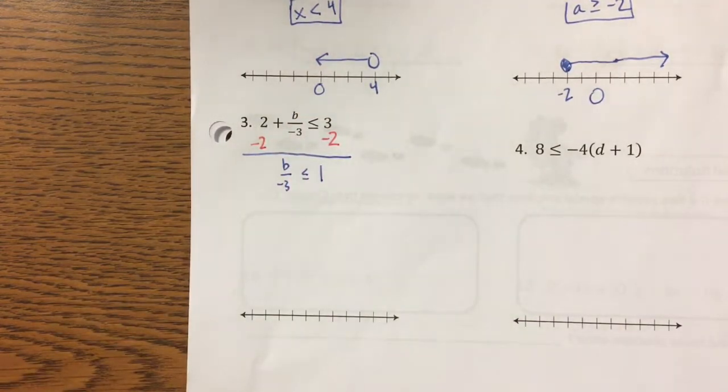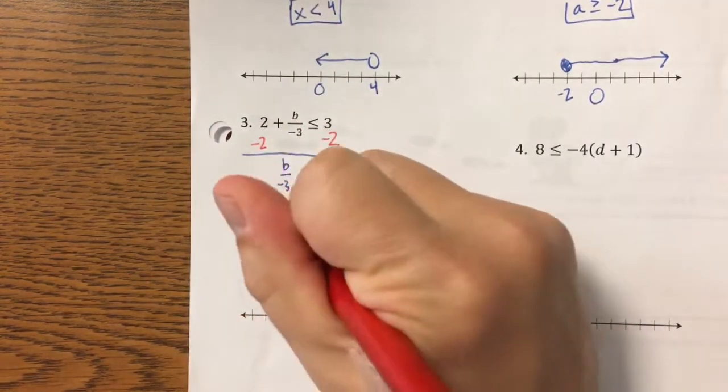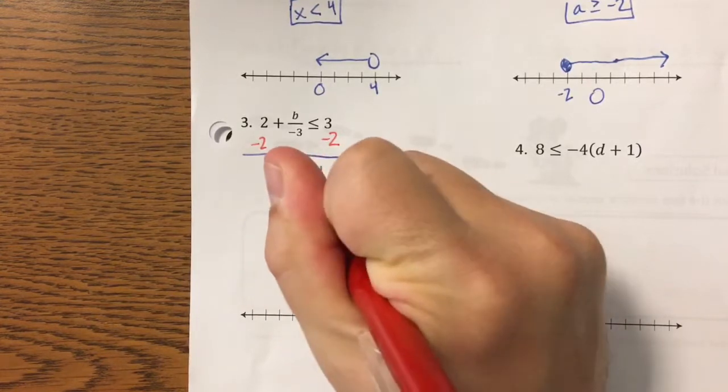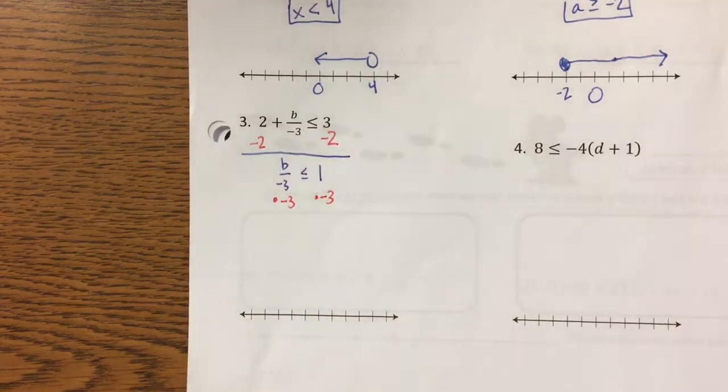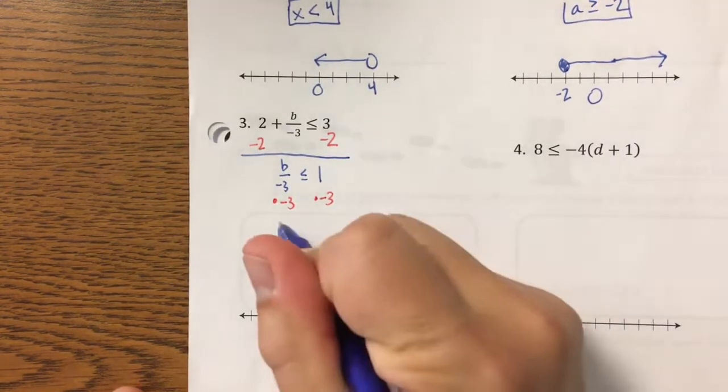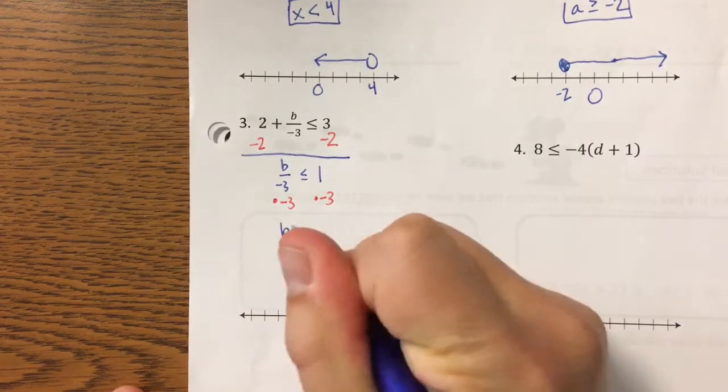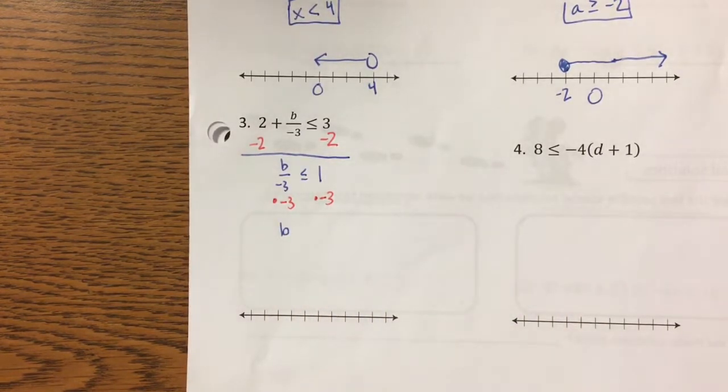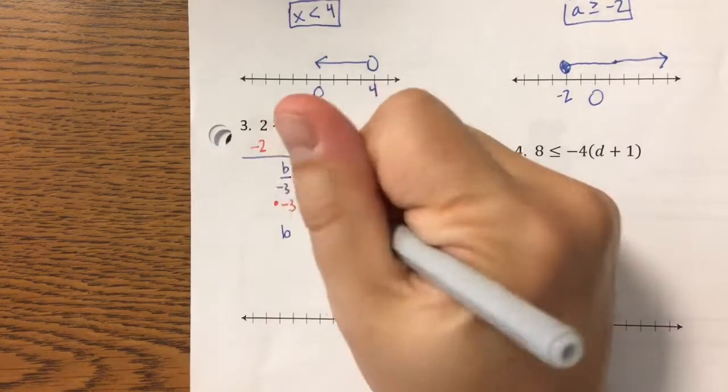And now we'll do the multiplication. So times negative 3 on either side. Gives me b. Now I multiplied by a negative. So yeah, I've got to flip that sign. Okay?